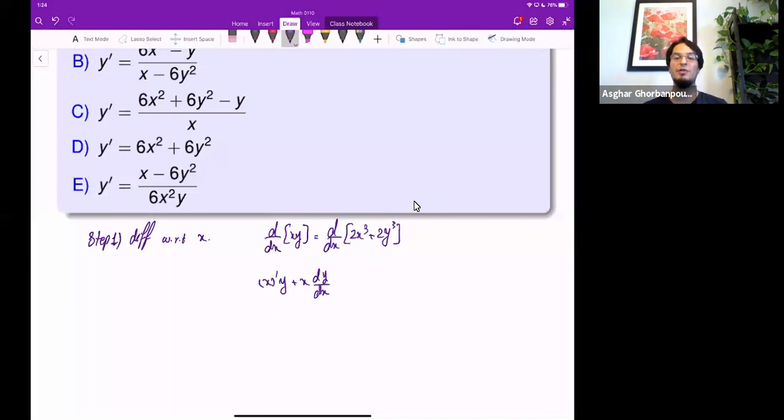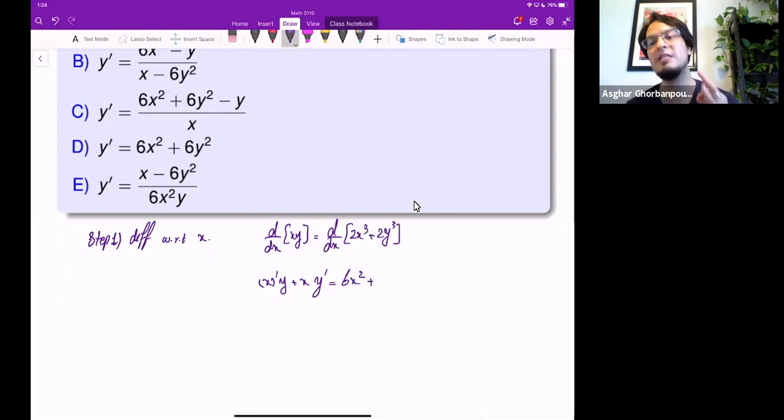I don't know what the derivative of y with respect to x is, but wherever I see that, I will write y prime. On the right-hand side, the derivative of 2x cubed is 6x squared plus the derivative of 2y cubed.